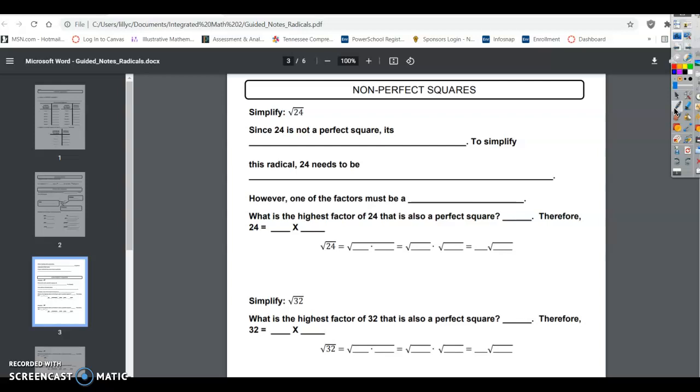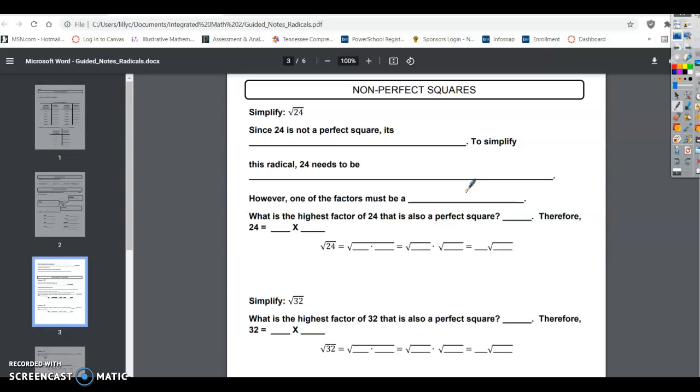All right, I'm going to give you a second to write that down. To simplify this radical, 24 needs to be rewritten as a perfect square times another number, or times something. However, one of the factors must be a perfect square.